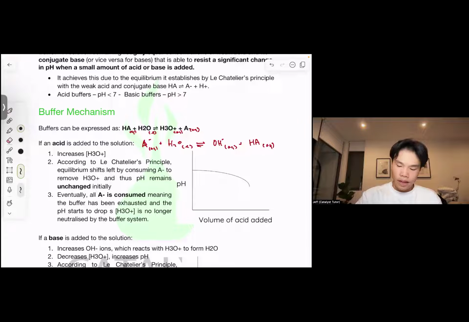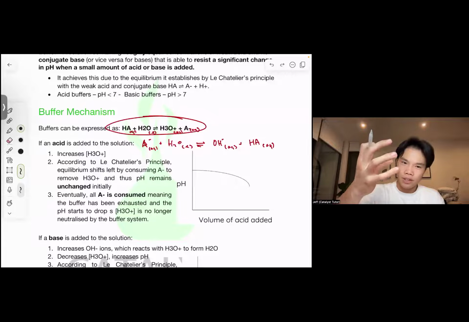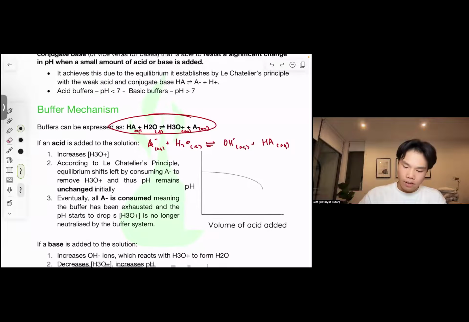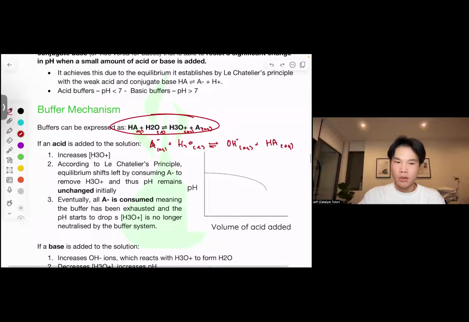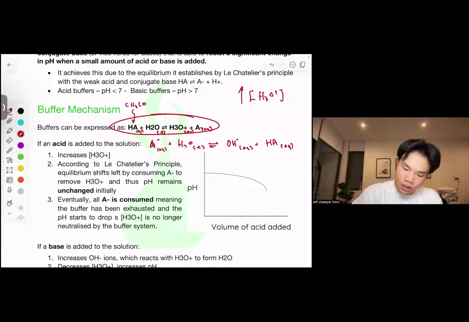So how does a buffer resist changes to pH, in terms of acid first and then base? When you normally add H3O plus into a solution, your pH will drop, because your concentration will rise. Say your buffer is CH3COOH, but it could be any weak acid.